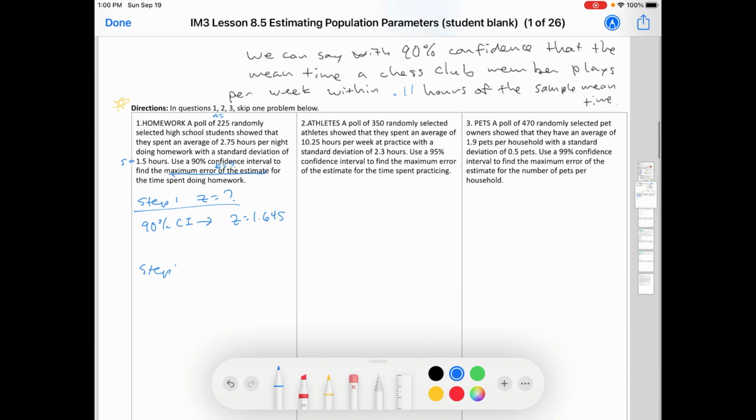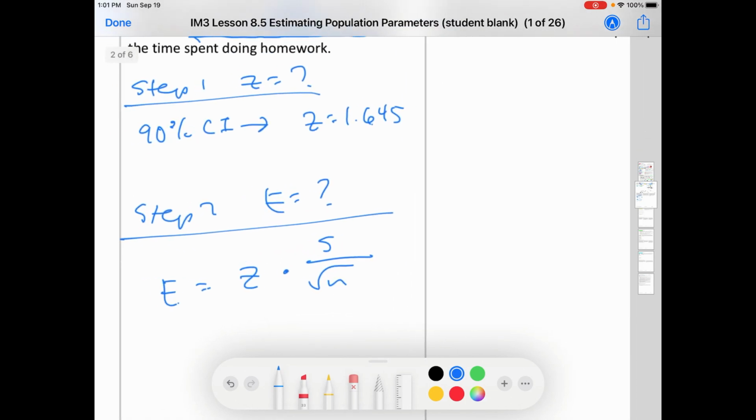Okay, step 2 is really what is our E value. And remember, E equals Z times the S divided by the square root of N.